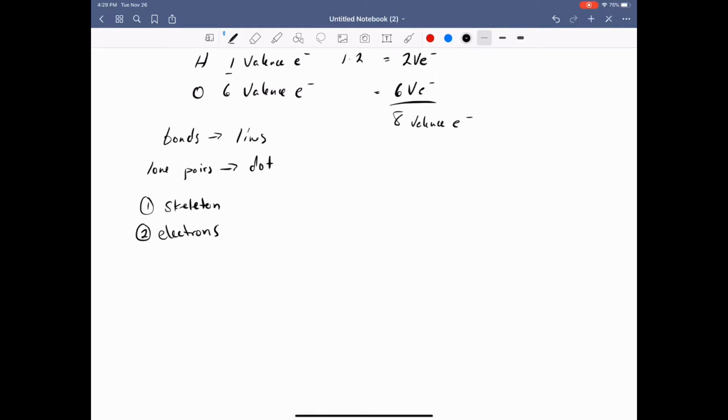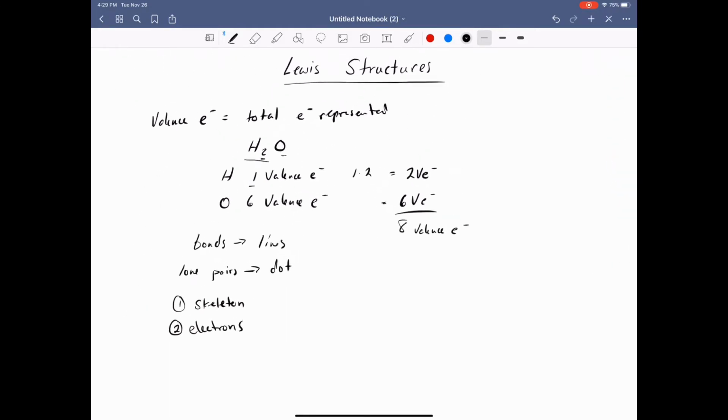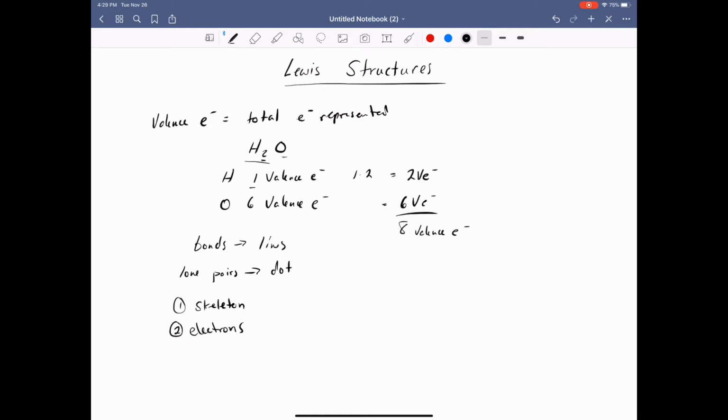Okay, so that's the basic understanding of Lewis structures: the valence electrons, bonds, lone pairs, which are represented in lines and dots, and the basic way to begin drawing a particular structure.